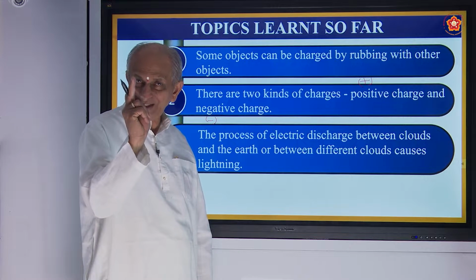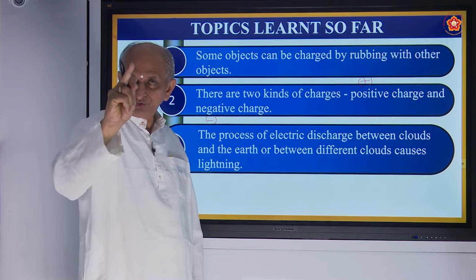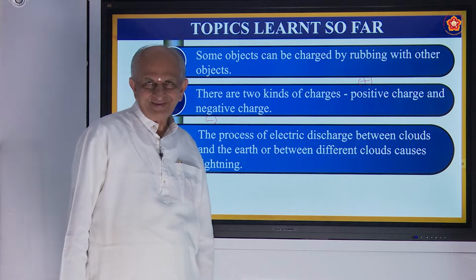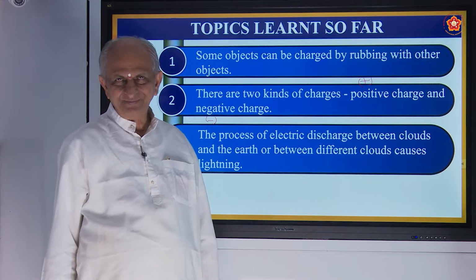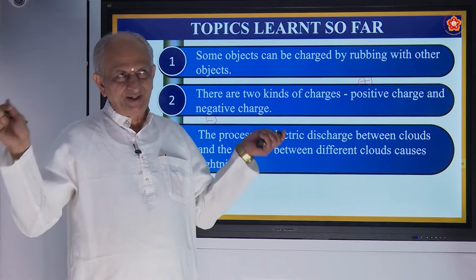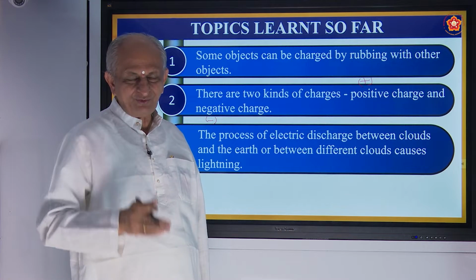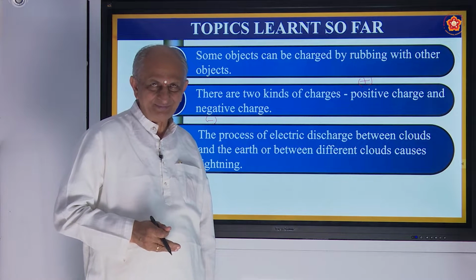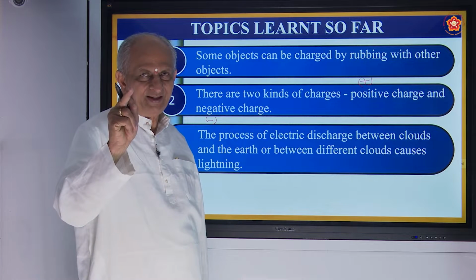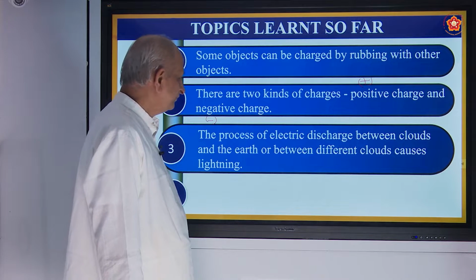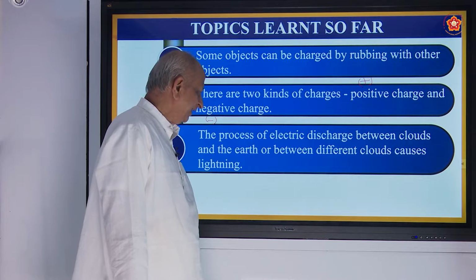Of course, you should know that all clouds will not give lightning. Even though you find so many clouds in the rainy season, they will not cause lightning. Only when oppositely charged clouds come near, they form lightning. Correct?